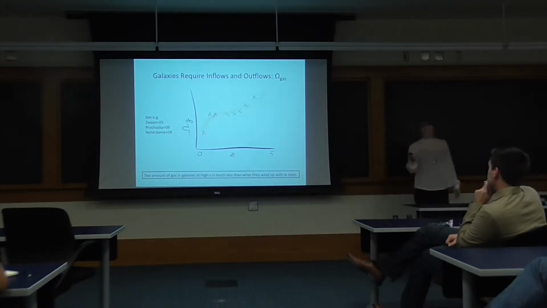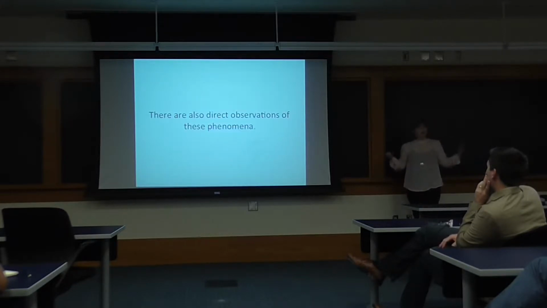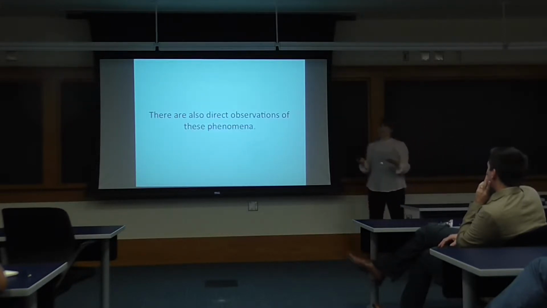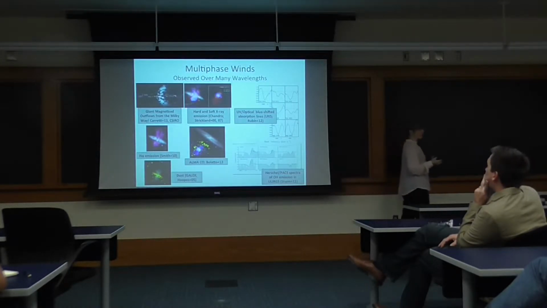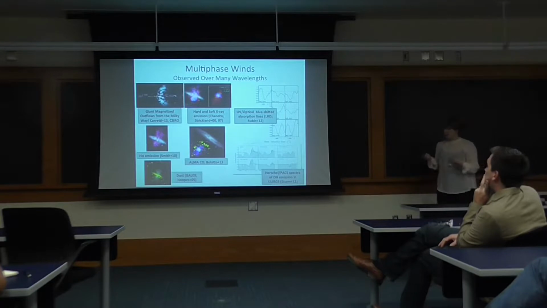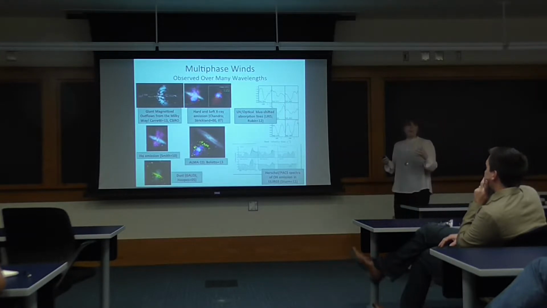Okay, but of course, these are all global galaxy scaling relations, many of which we know and already appreciate, and we deduce that there must be accretion and winds. But there are direct observations of these processes. Okay, so winds are probably one of the most striking observations. I'm showing you here some images over many different wavelengths.